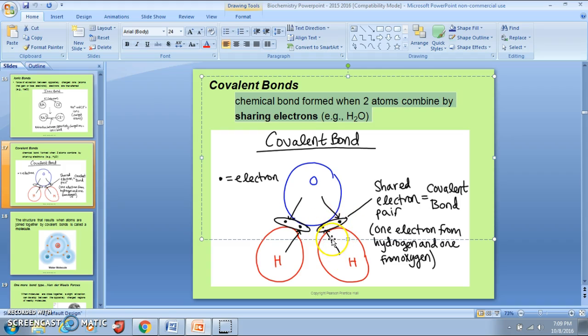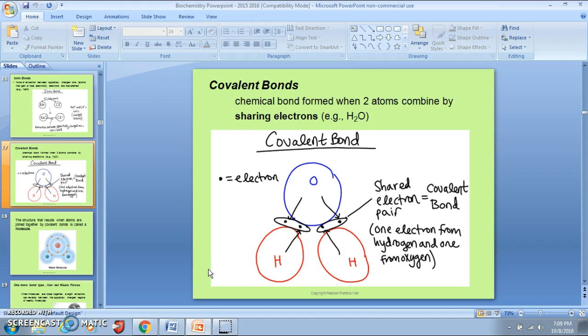I have an arrow here to show that one of the electrons came from hydrogen, and an arrow here to show that one of the electrons came from oxygen. Holding these two shared electrons creates a covalent bond. We also see a covalent bond over here where we have another shared electron pair, one donated from oxygen and one from hydrogen.